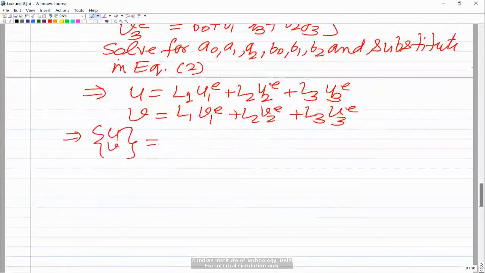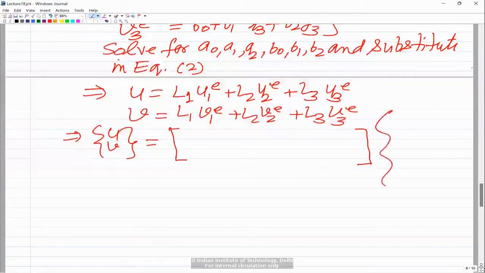So u and v put together will be the interpolation matrix H times the vector of elemental degrees of freedom. We call this H, the same as when I first discussed the 1D element. We are continuing the same nomenclature.